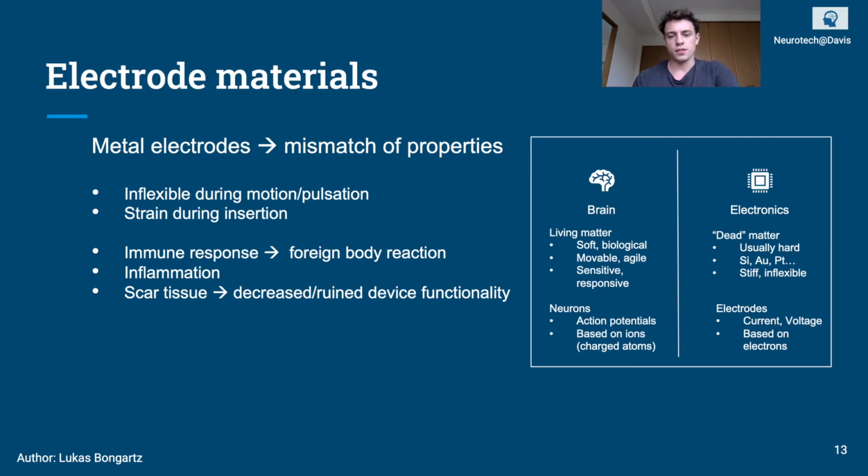Apart from this, due to the different materials inserted to the body, so the metal, foreign body reactions of the immune system might reject the device, or any kind of inflammations may occur, and this will eventually result in scar tissues, which then insulate our electrodes in a way, or increase the distance between electrode and neuron, and thus our device functionality is either decreased or even ruined.